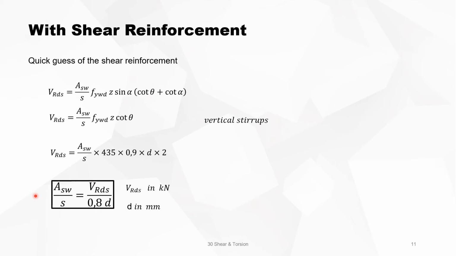And then you can easily see that the needed reinforcement, ASW over S, equals the shear force divided by 0.8 times D, the lever arm. Just take care, D is here in millimeters and VRDS is in kilonewton. So that gives you a very quick estimate of how many stirrups you need.